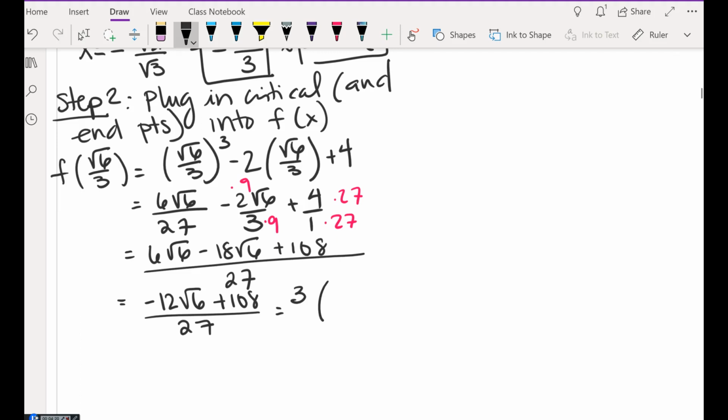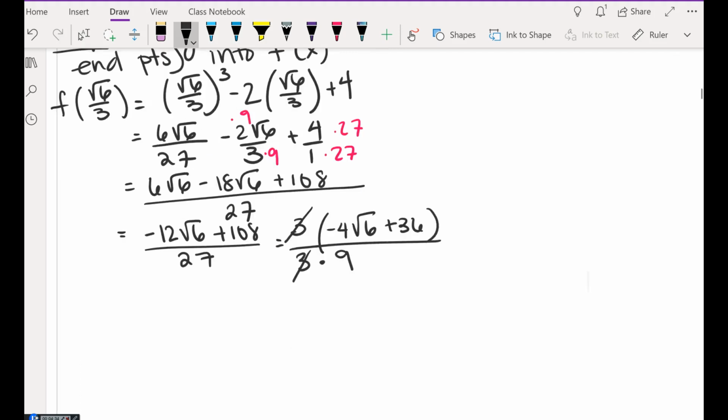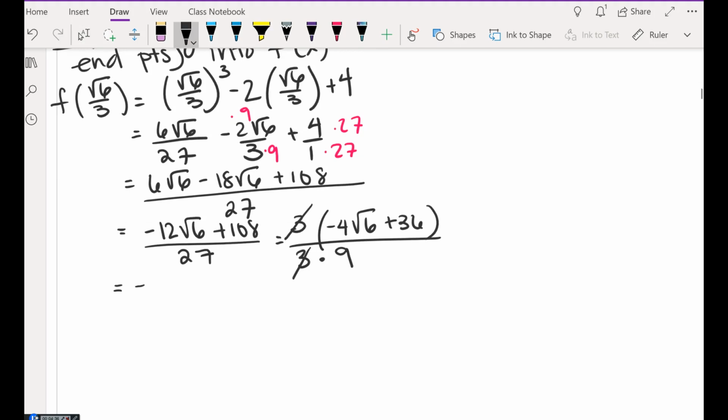I'm just going to factor out a 3. Is that okay? That would be negative 4 rad 6. 108 divided by 3 is 36. Yeah, no, I'm just trying to simplify the bottom as well. Does that make sense? Okay. Now I can cancel the 3. Yes or no? Yeah, so final answer without a calculator is negative 4 rad 6 plus 36 all over 9. Okay, so that's your y value.